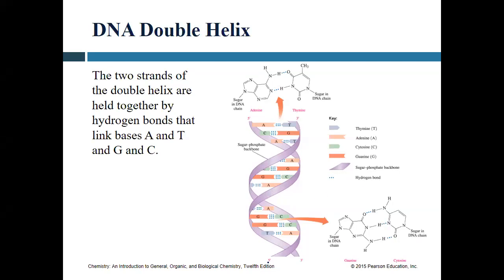This strand that ends on the left is actually the strand that is going upward. So remember, we always go from the 5' side to the 3' side. So that strand is going up and around this way.